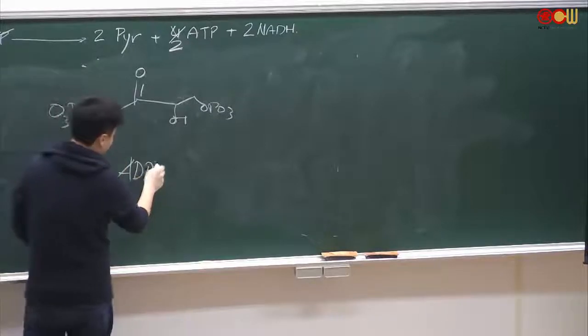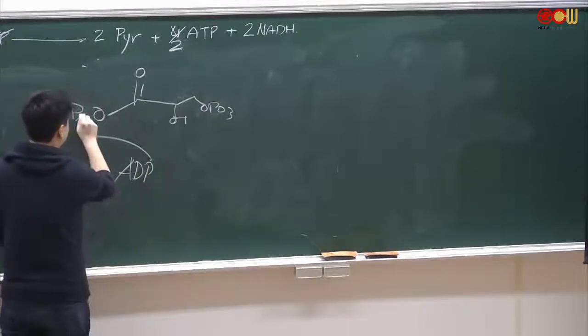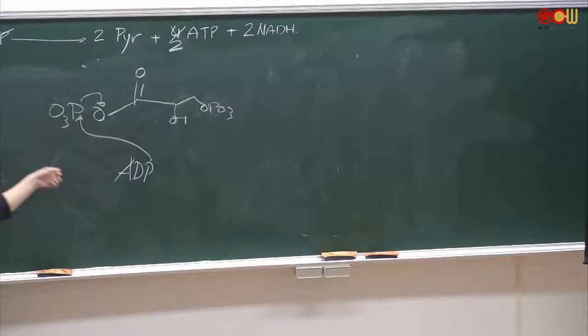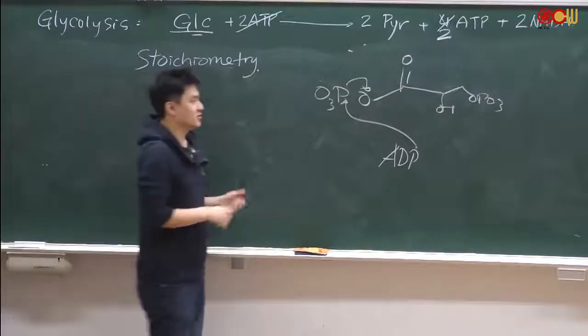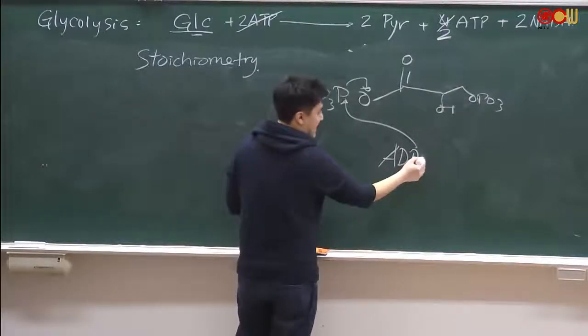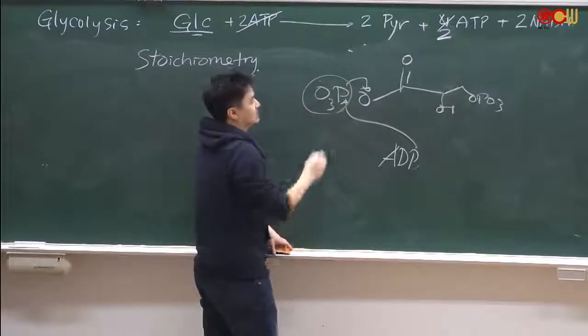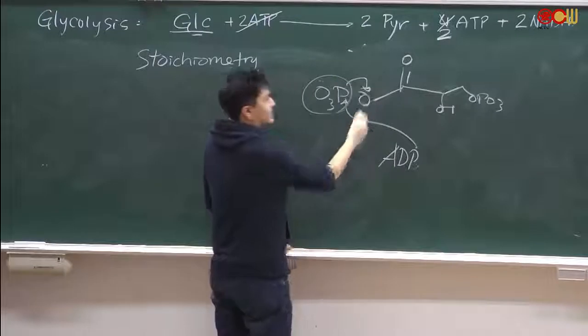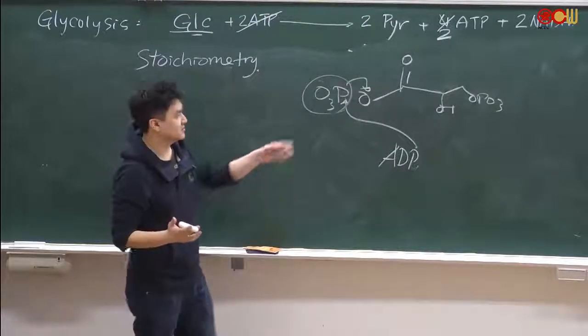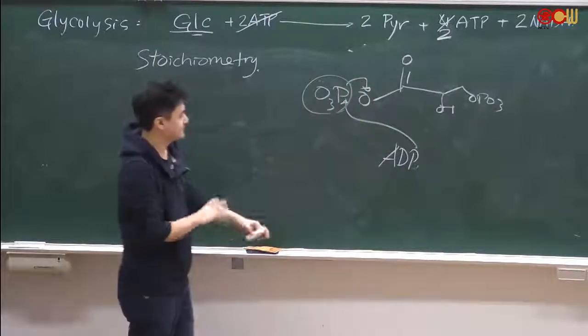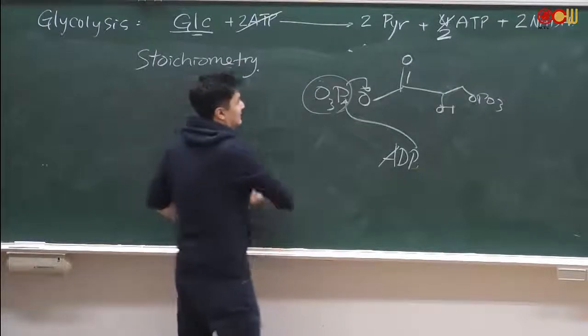No. It's actually here, it's going to grab this guy and then like that. So just make sure you correct your notes. You're going to use the minus charge on the ADP to grab this phosphate such that the electrons can go to the oxygen, because this thing, I don't think it leaves. So just like that.